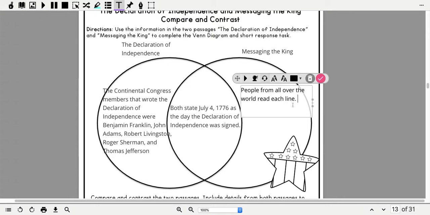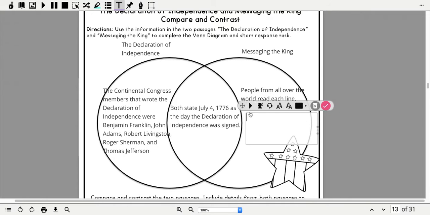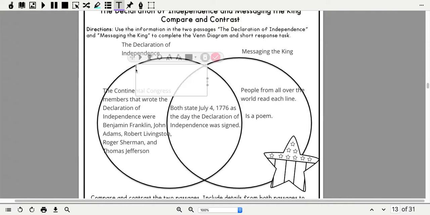That is not in the other one. I'm going to put another box over here because I want to note that Messaging the King is a poem, and over here, the Declaration of Independence is a nonfiction text. That's another difference.